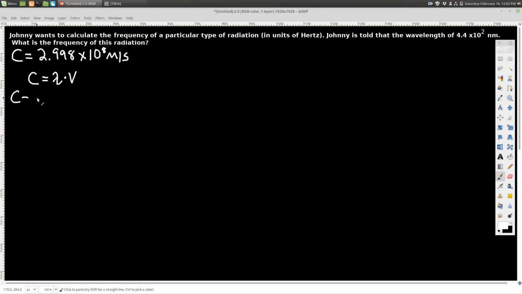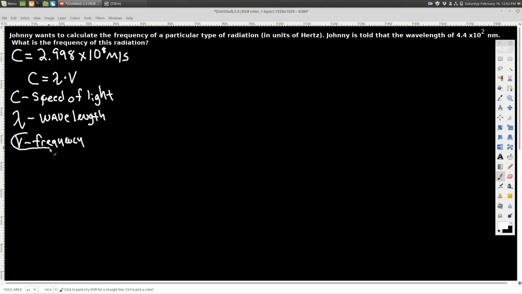C, of course, is the speed of light. Lambda, which is a funny looking type of wavy X, is a Greek letter, and all that it stands for here is wavelength. And V, of course, is frequency. That's what we're going to be concentrating on.